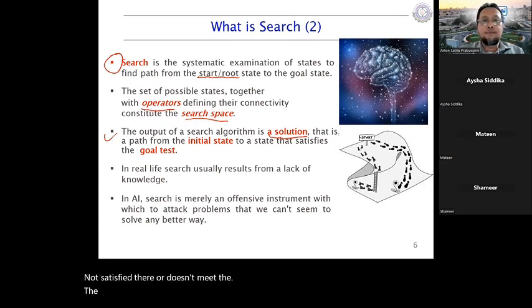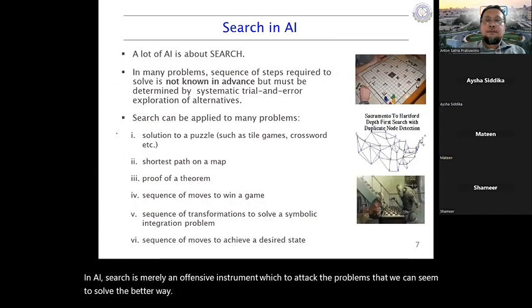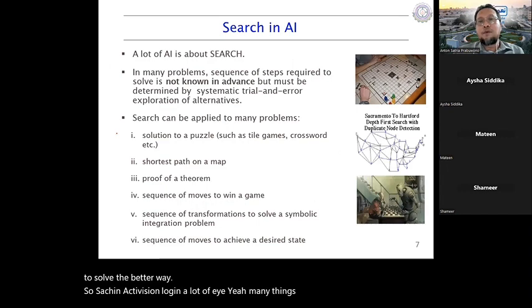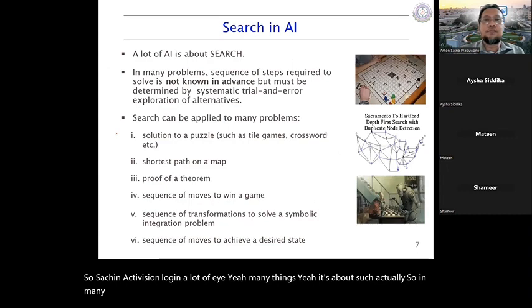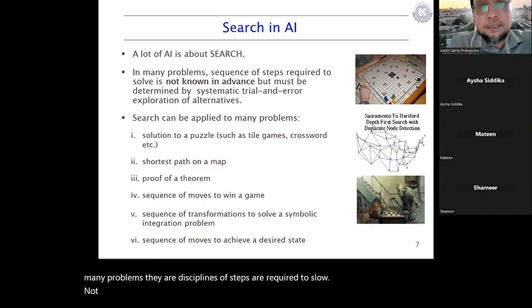So in AI, search is merely an offensive instrument to attack the problems that we cannot seem to solve in a better way. A lot of things in AI are about search actually. In many problems, the sequence of steps required to solve them is not known in advance.